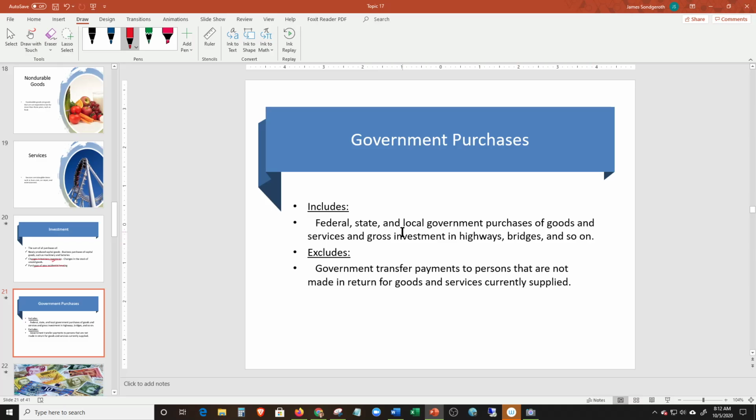They take care of all of these things, and they pay for investment in highways, bridges, and also the services they provide, to keep things going. So it does exclude transfer payments to persons that are not made in return for goods and services currently supplied, okay?